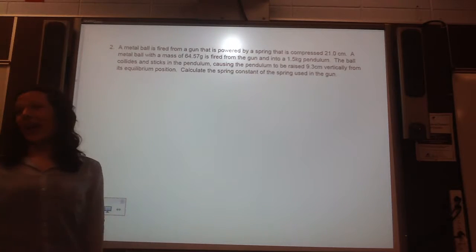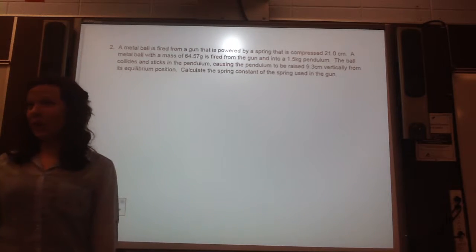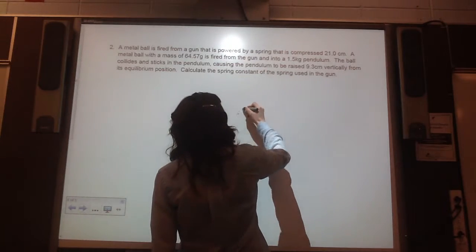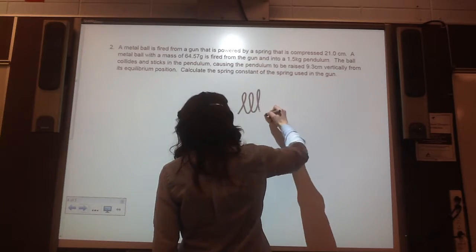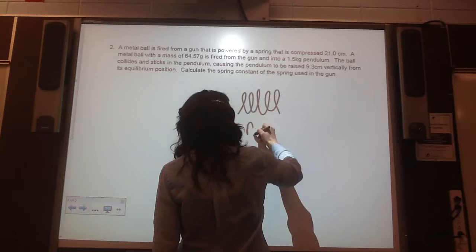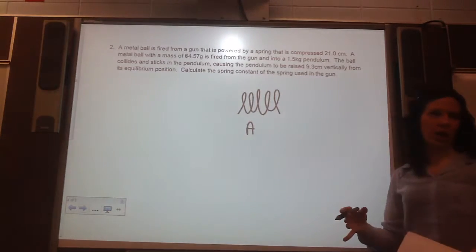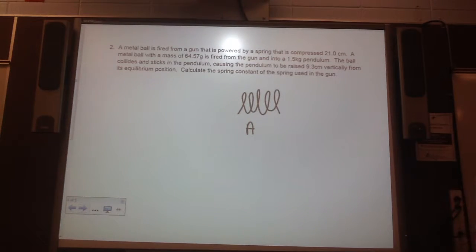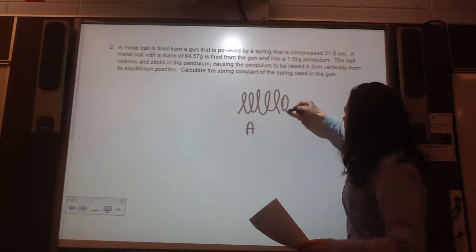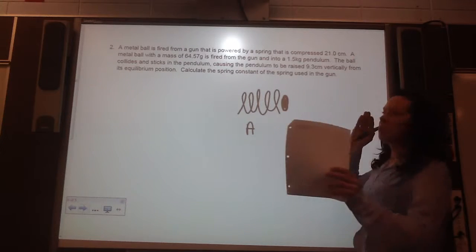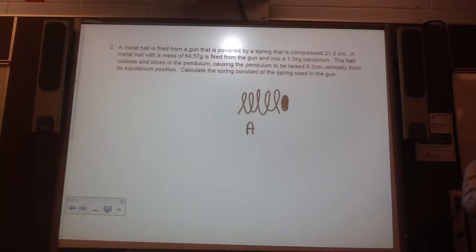Well, let's draw a diagram of what's going on here, because it's kind of crazy. So really, we have a spring. Let's label this position A. And we have our ball there. It's being compressed, and when the spring releases, it's going to shoot the ball off.